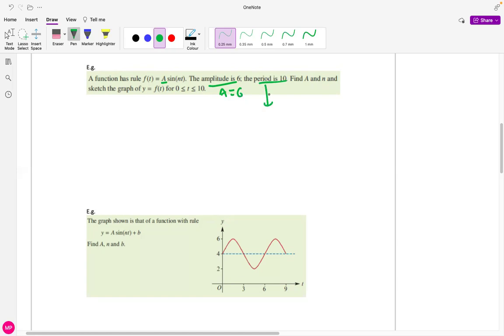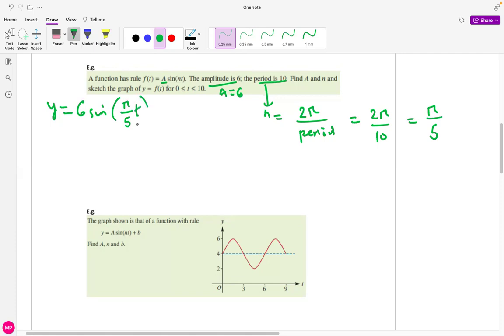With the period equal to 10, you can find n by n equals 2 pi over the period, so 2 pi over 10, which is pi over 5. So a equals 6 and n is pi over 5, and we want to sketch the graph. The equation would be y equals 6 sine of pi over 5 t, and the domain is 0 to 10.